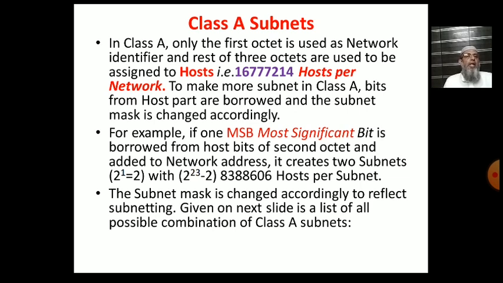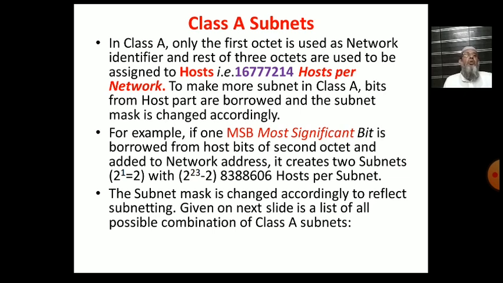To make more subnets in this class, we'll borrow bits from the host, and the subnet mask will change accordingly. If you borrow bits from the host, the value of the subnet mask will change. The subnet mask of class A is 255.0.0.0. That's the default value.